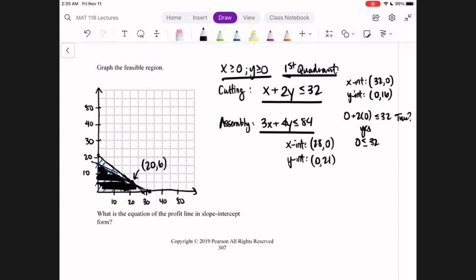Your corner points in this feasible region would be here, here, here, and here. So your corner points are 0, 0, and 0, 16.